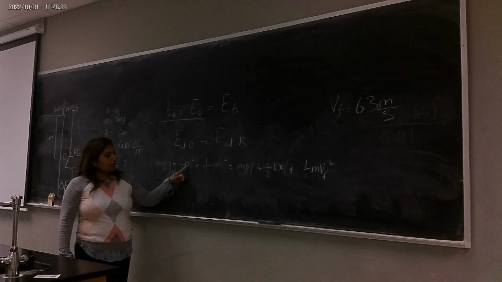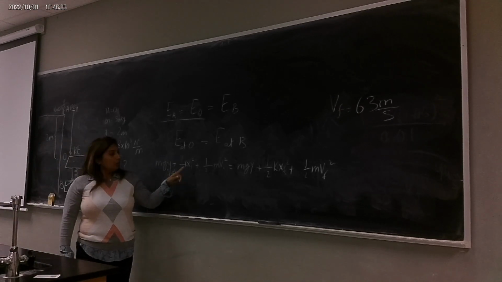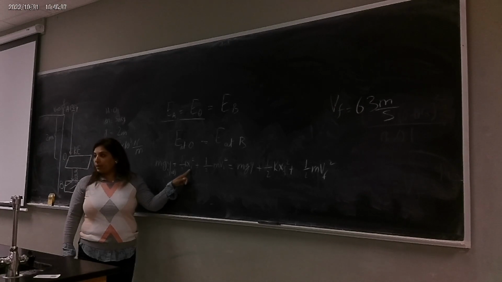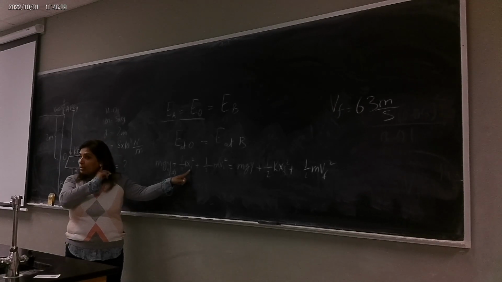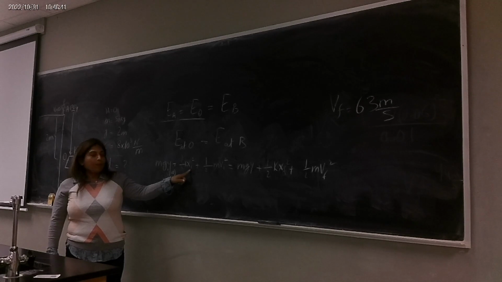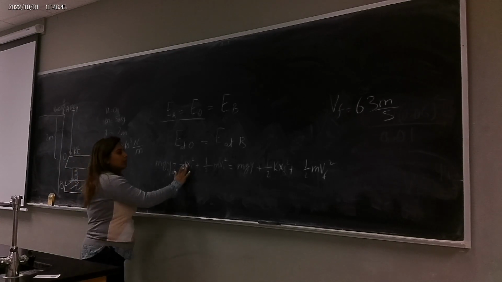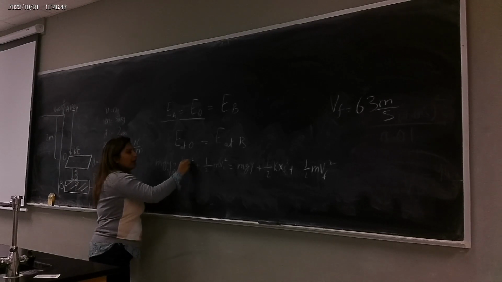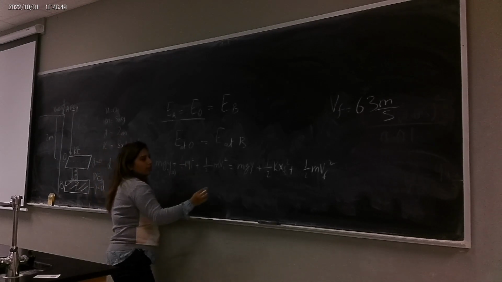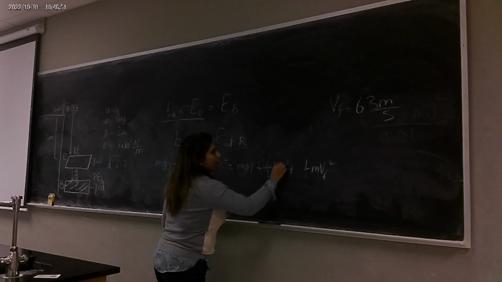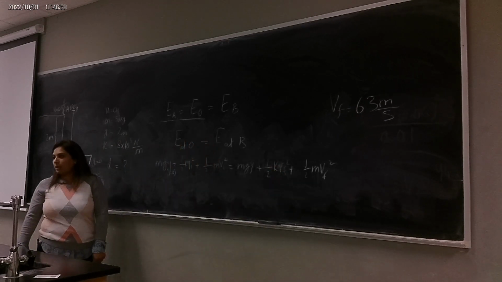Half K, we know K. Xi, do we know Xi? Initial position? Actually, let me fix one thing. Let me call this Yi instead, because it's a vertical position, so X doesn't make sense anyway.